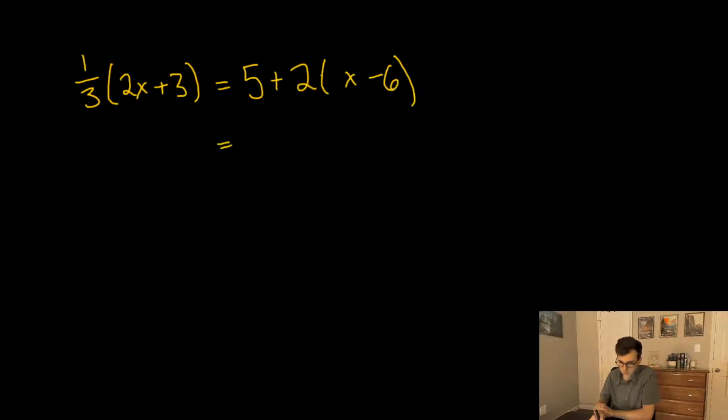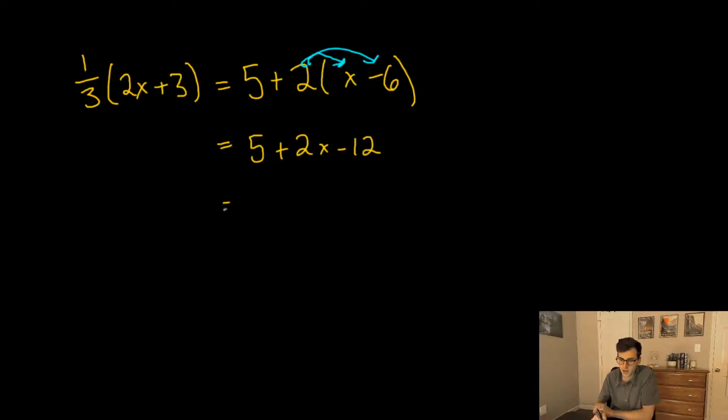I need to distribute the 2 right there. That leaves me with 5 plus 2x minus 12.